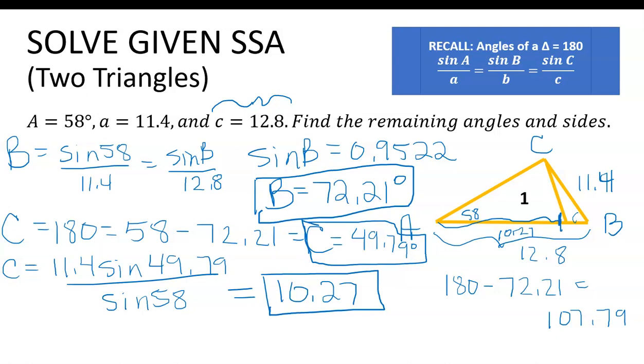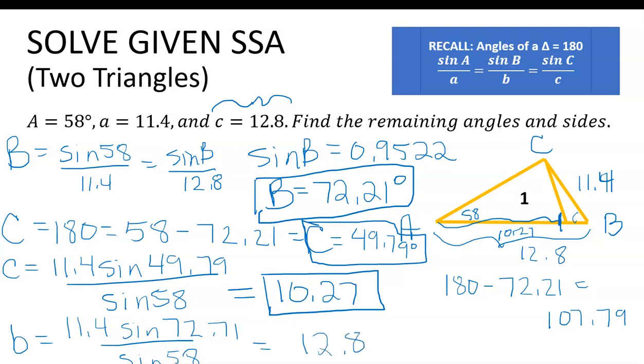Okay, so now let's find our other side, which is the B. And I will set that one up for you. It's going to be 11.4 sine of 72.71. And I'm going to divide that by the sine of 58. And you will get 12.84.